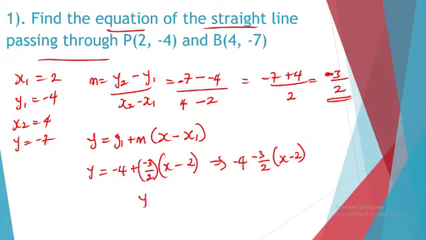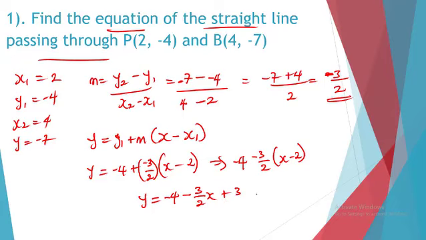Our y then equals -4 minus 3 over 2 times x, and -3 over 2 times 2 times -2 will give us plus 3.